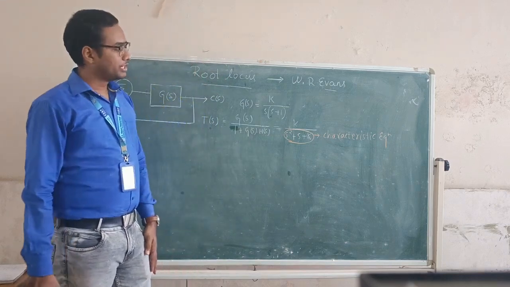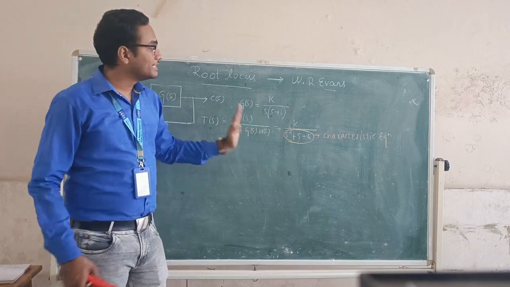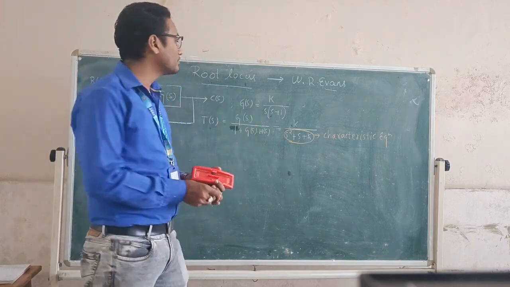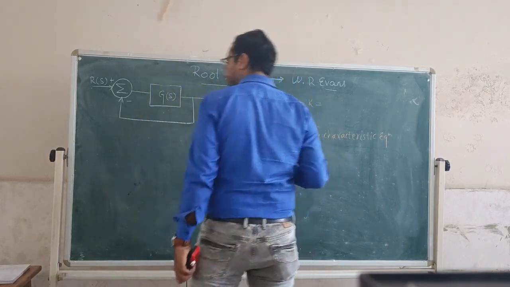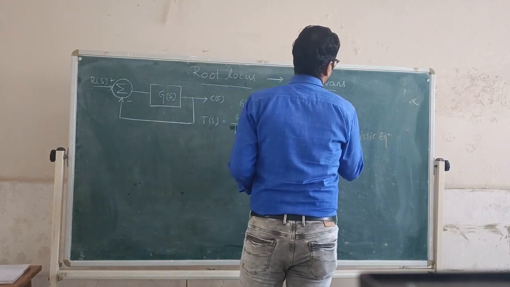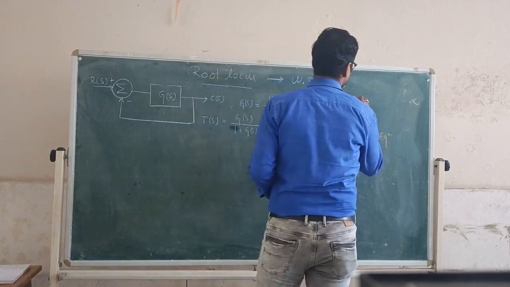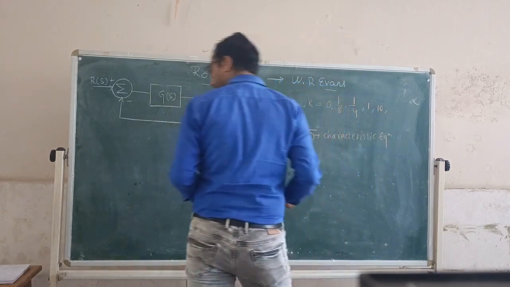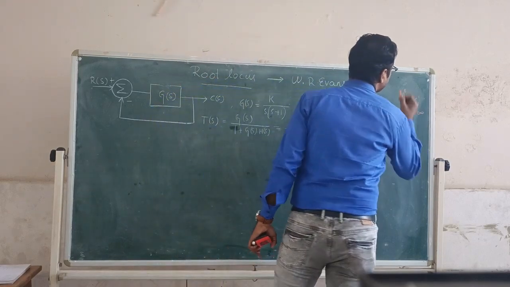So let us vary this k. This k is variable, and I will vary it according to the value. For example, let us take the k values as 0, 1 by 8, 1 by 4, 1, 10, then 100, then infinity.